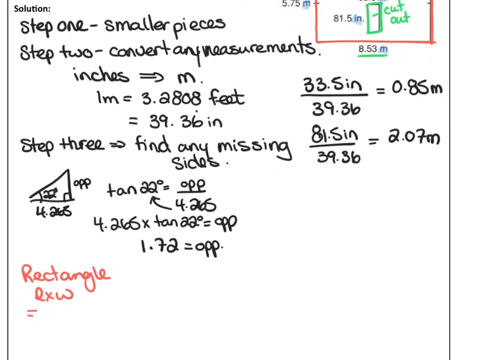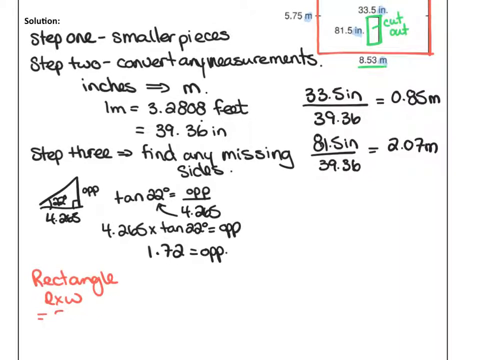That's 5.75 times 8.53. And that gave me 49.05 meters squared. So that was 1.